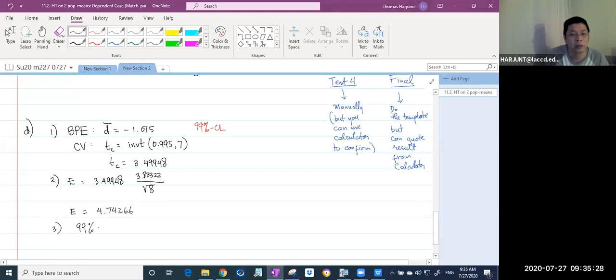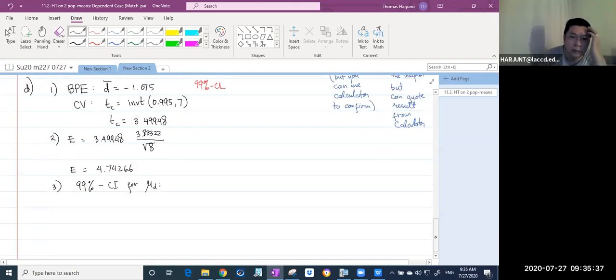So in step 3, the 99% confidence interval for mu D will be negative 1.075 minus the margin of error, to negative 1.075 plus the margin of error.